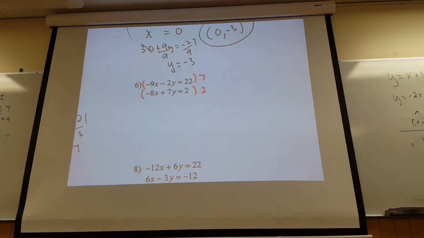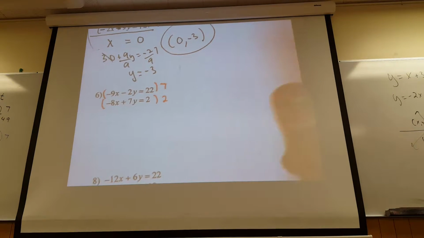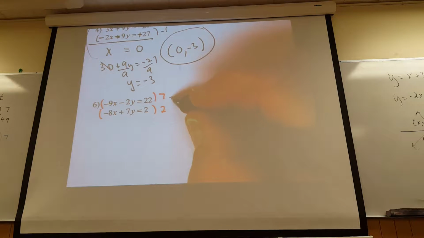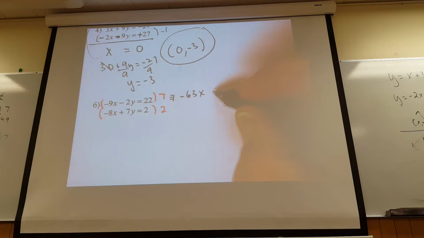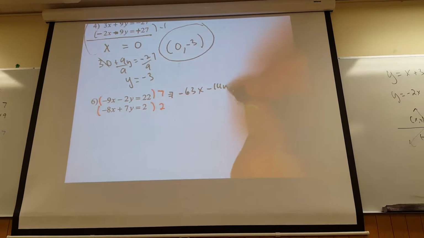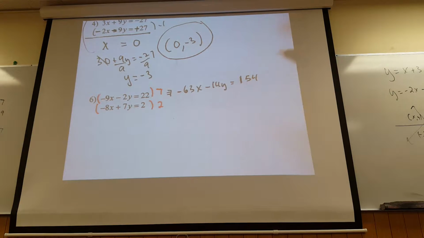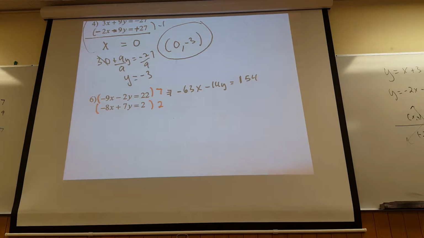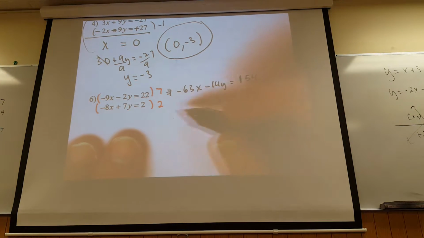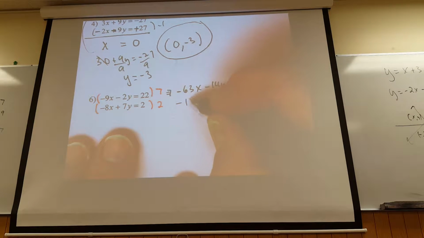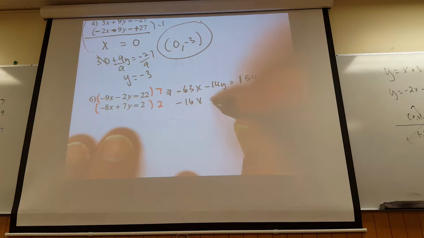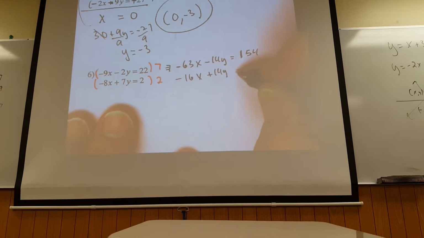Okay? All right, so the top one would give you a negative 63x minus 14y equals 154. 7 times 22. And the bottom one is negative 16x plus 14y equals 4.